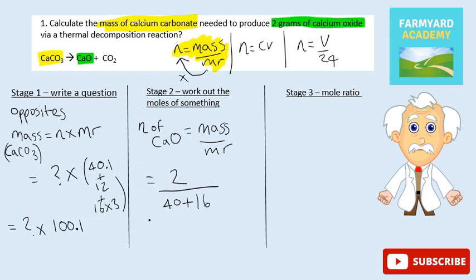So overall that would be 2 divided by 56, which will get you the moles of the calcium oxide. We'll just call that X because you can work that out.